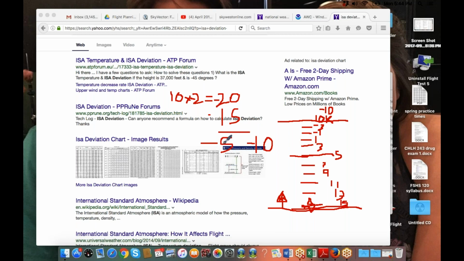So we're going to end up subtracting 5 from this. We can either take what it actually is and just subtract the 5. Well, we just take the difference. Negative 5 plus 5 would be 0, but negative 5 minus 5 would be negative 10. So our ISA deviation is ISA minus 5.